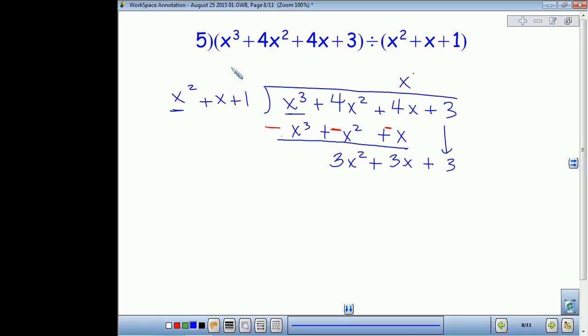Now, because my divisor is a quadratic, we've got 3 terms here, we need to have 3 here. Okay, what do I multiply x squared by so that I have 3x squared? 3.